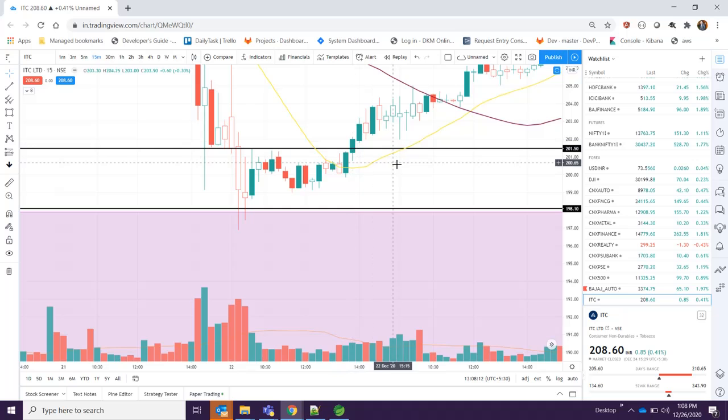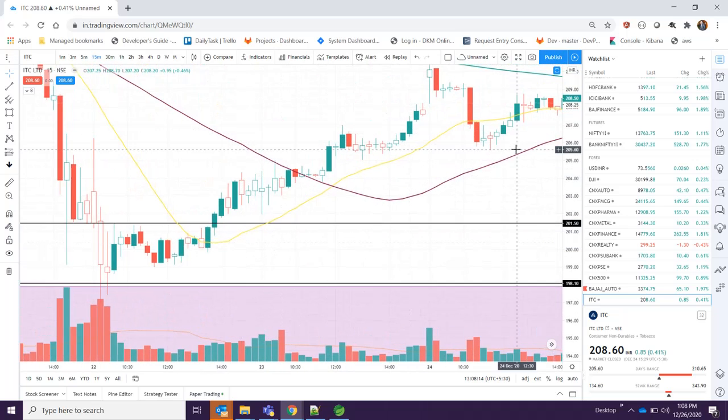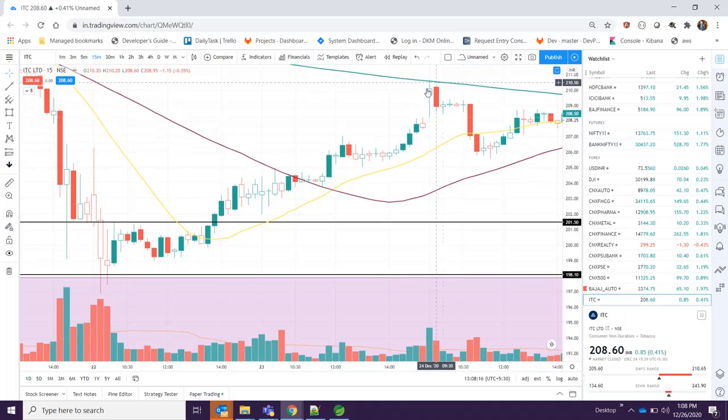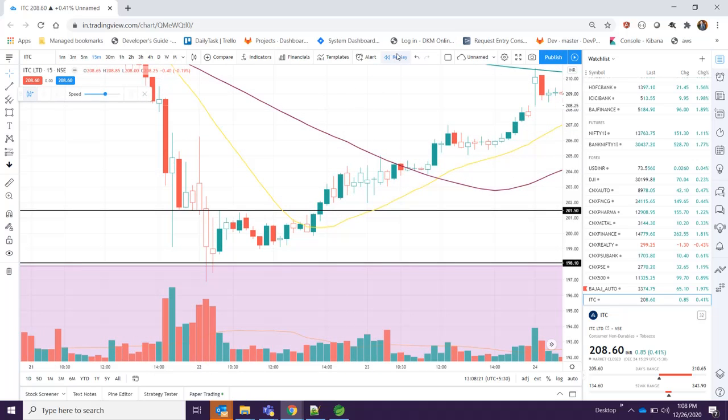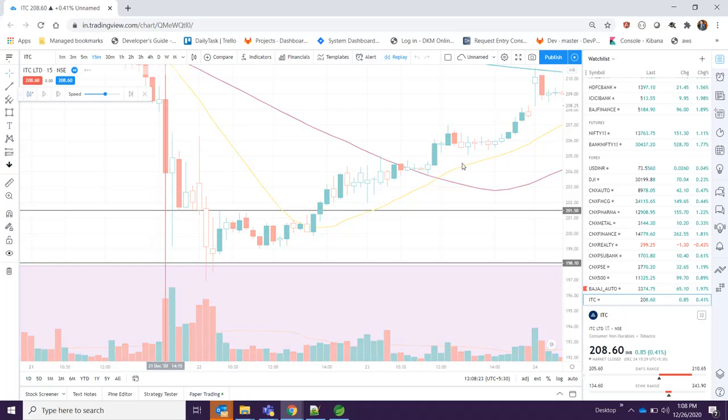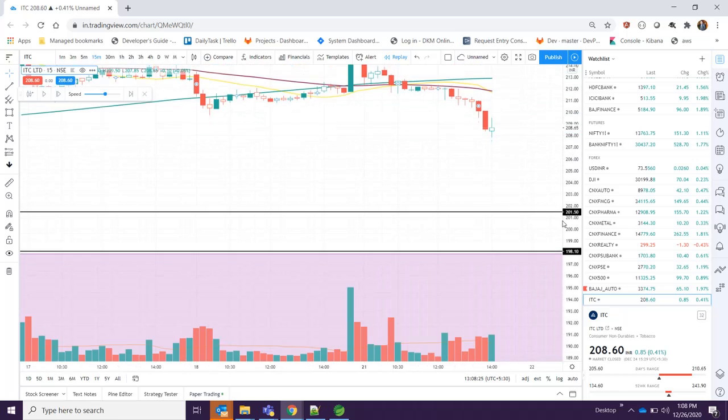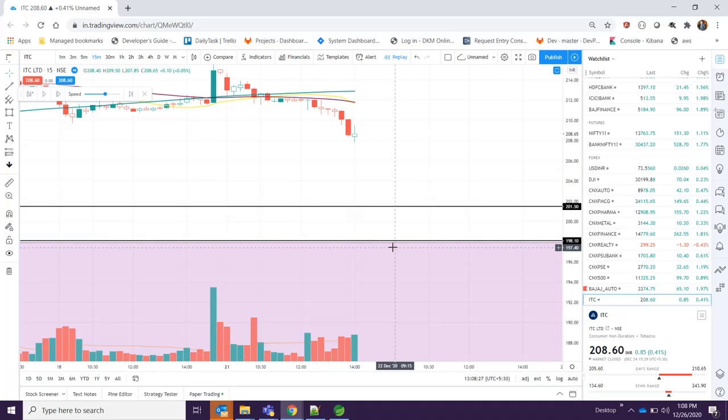After this you can see the stock went up. So let me show it in a replay mode. So we are waiting for our entry in this demand zone. Let me forward it.